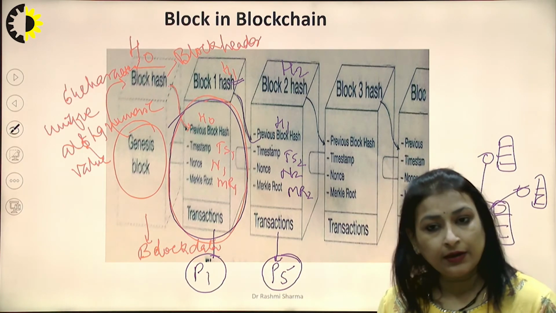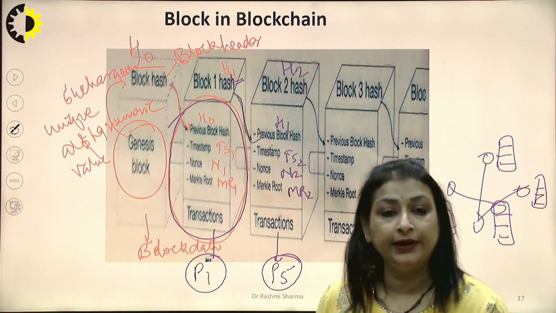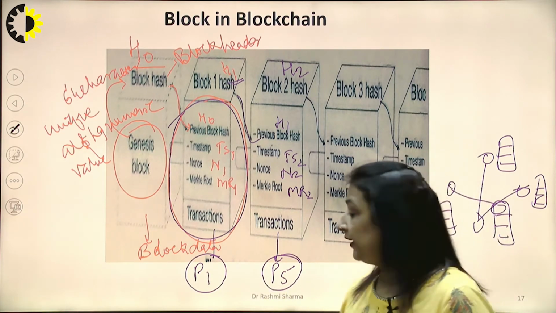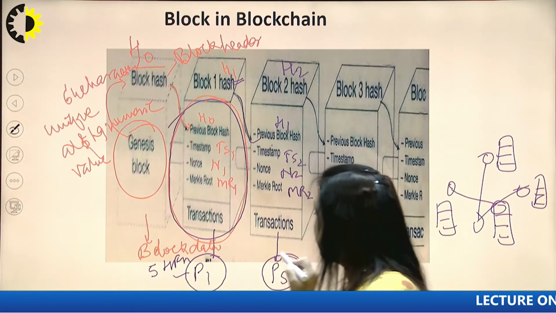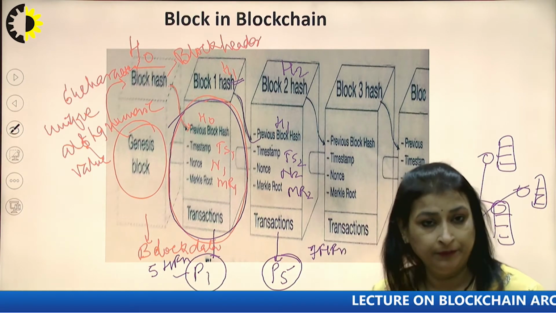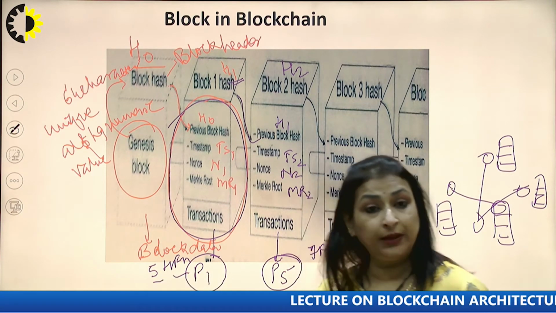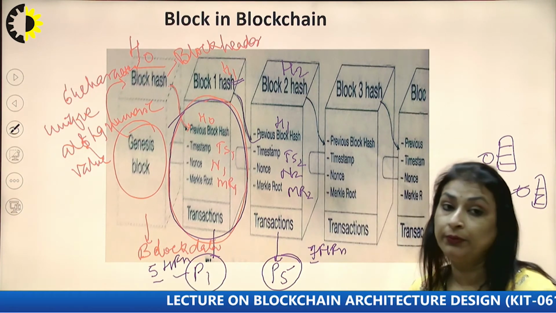Because there are n number of hash functions, maybe because we want to make that data secure. For example, if this one has used 5 hash functions and this person has used 7 hash functions, all these 5 hash functions can be the same or maybe different. Here the 7 hash functions can be the same or maybe different.